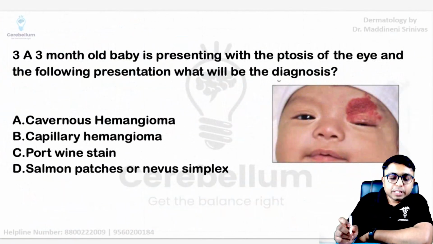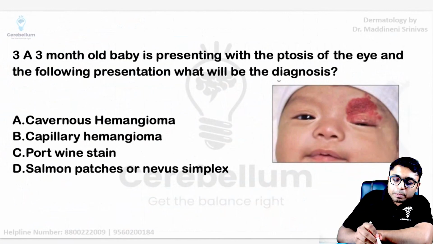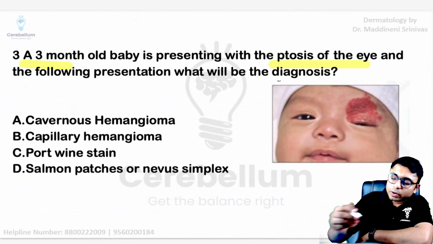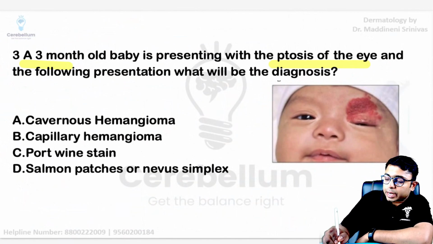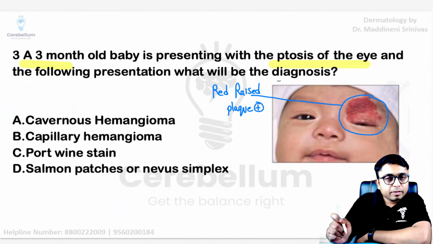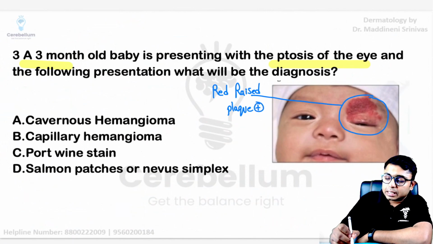So this is the next question. A 3-month-old baby is presenting with ptosis of the eye and the following presentation. In the image, you are able to see a red raised plaque present over the left upper eyelid, because of which there is ptosis.